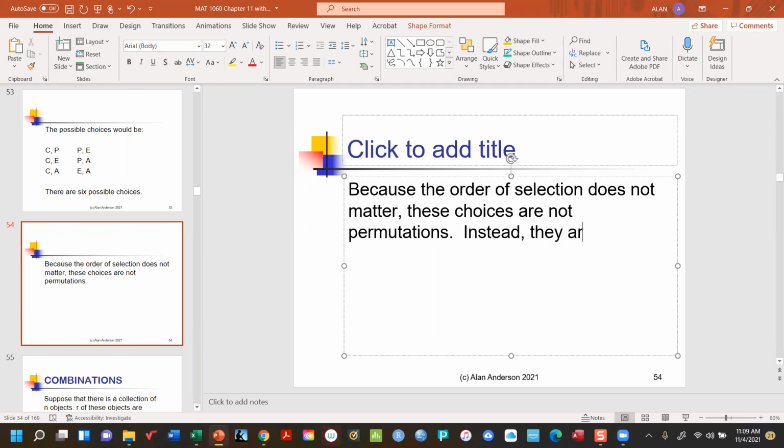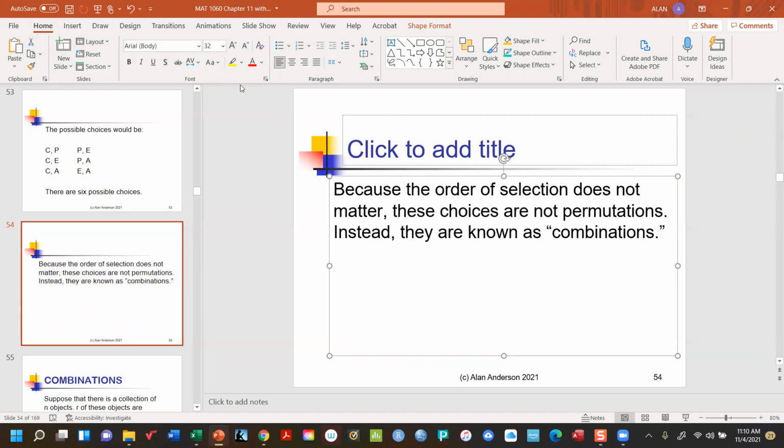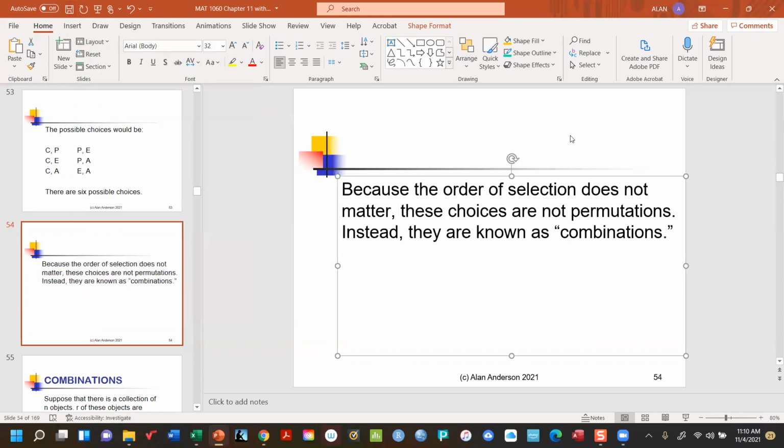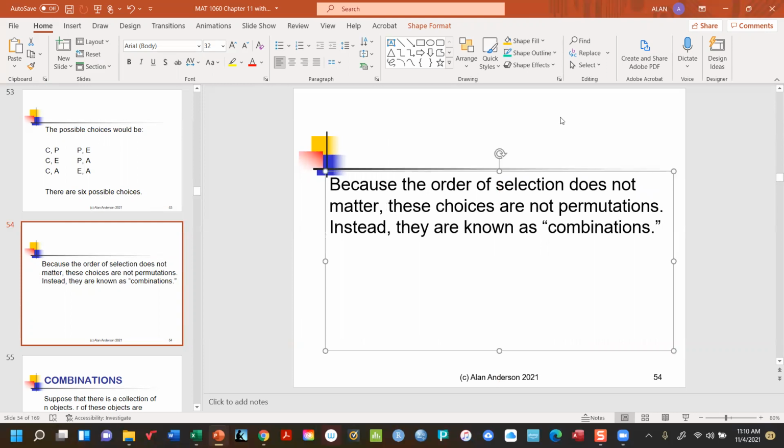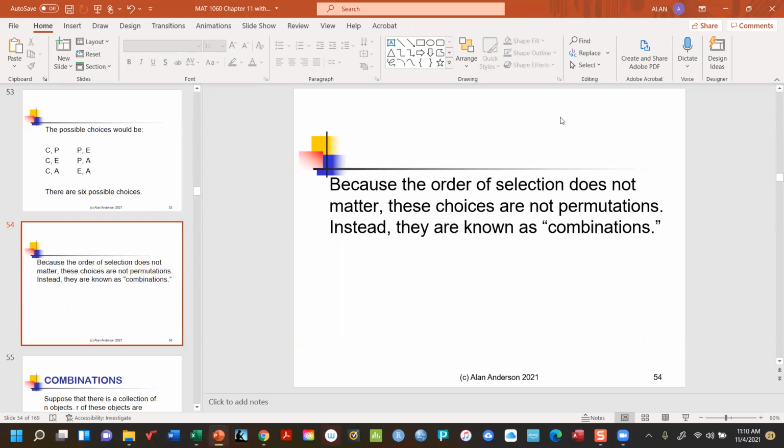Instead, they are known as combinations. All right, so in other words, when the order of selection does not matter, then we call each choice a combination instead of a permutation. It's an important distinction because sometimes when we choose objects, the order matters and sometimes it doesn't. When it doesn't, they're known as combinations.